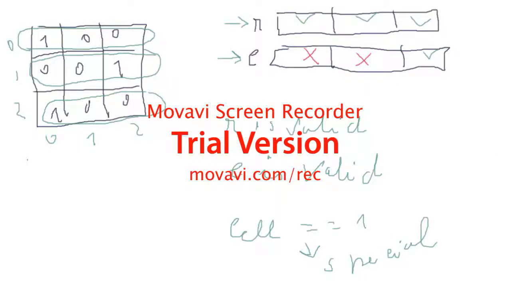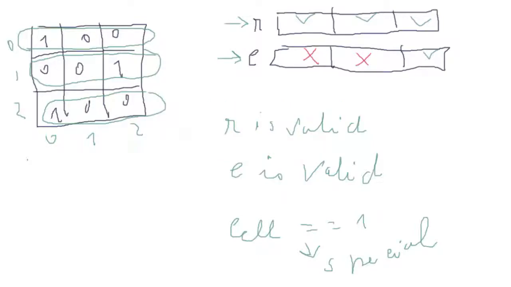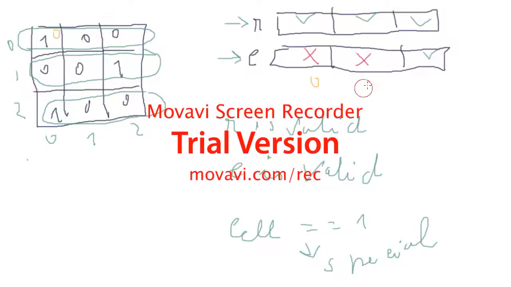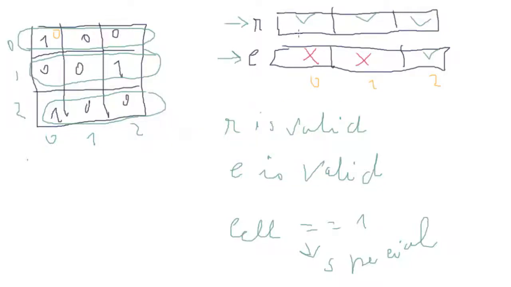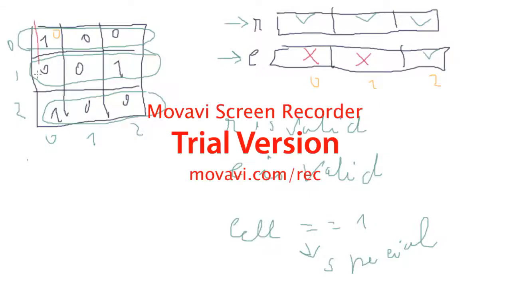So let's give a quick review of this algorithm. For this cell 0,0, if we check the values against the two arrays, we see that it is not special because the row is okay but the column is not.